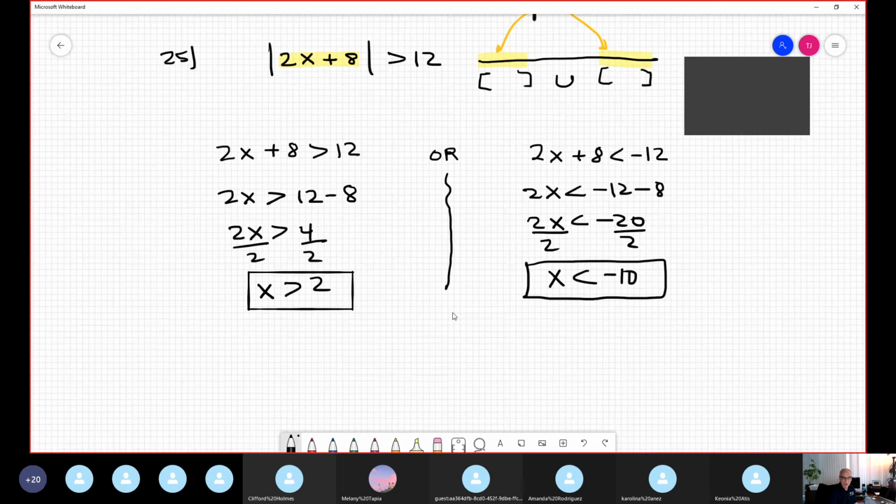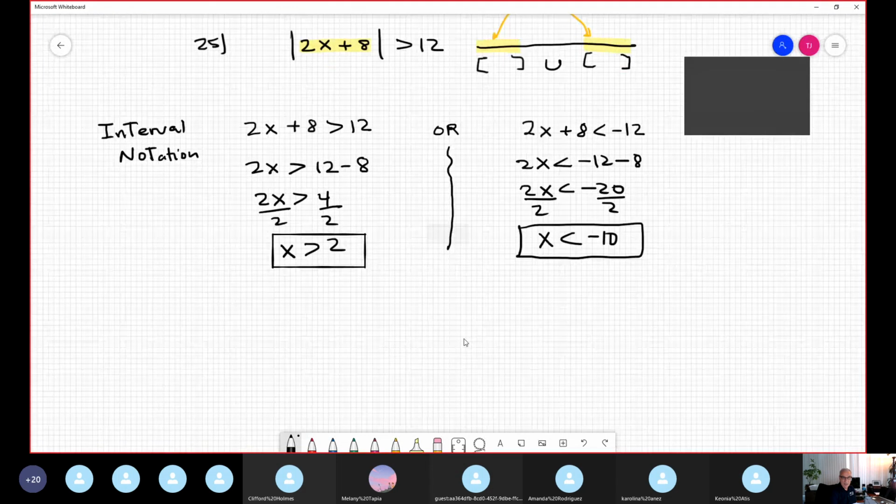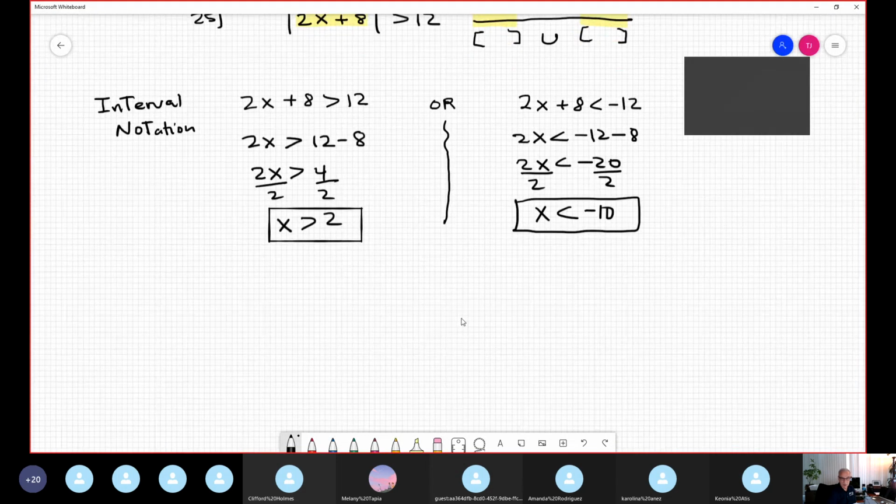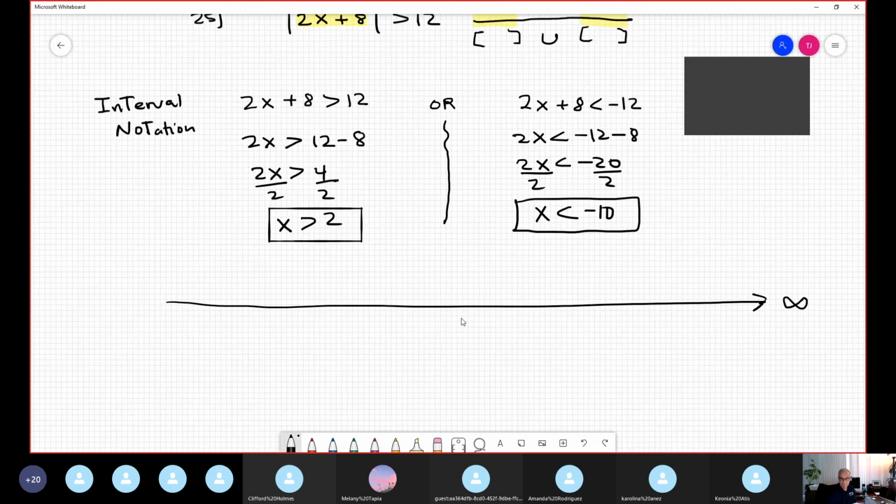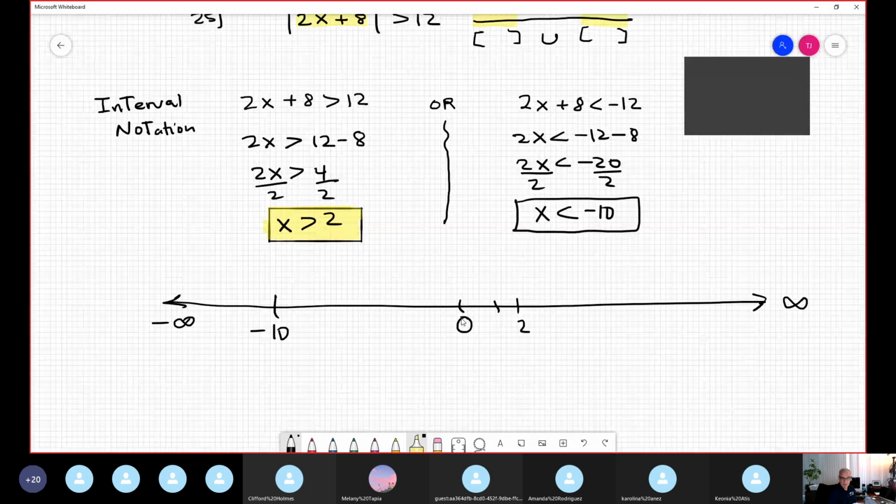But mandatory, in the test I need interval notation. I specify clear. If you are not familiar, I highly recommend drawing the number line. 2 is here, 10, and negative 10 here. This interval is this, to the right, greater than.